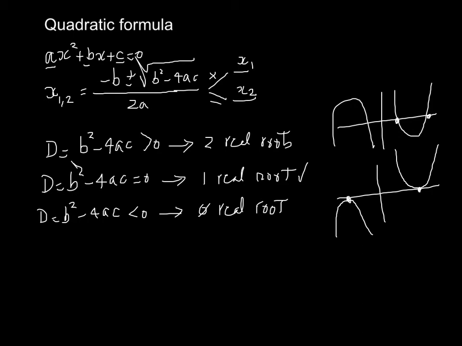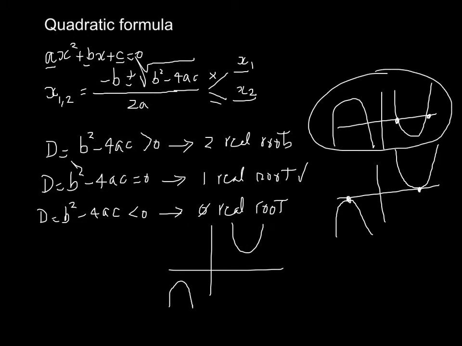If d, which is b squared minus 4ac, is negative, then it means that there is no real root. Then it means your parabola never crosses the x-axis. So these are the graphical representations for the three cases for the discriminant. If it's greater than 0, again, two real roots, a scenario like this one.